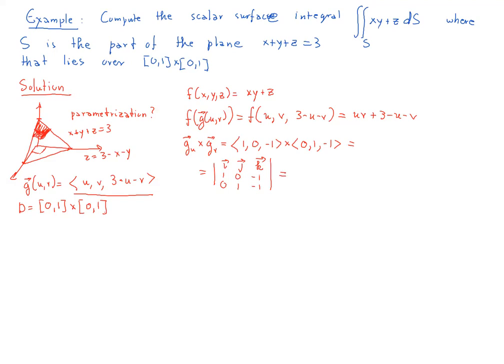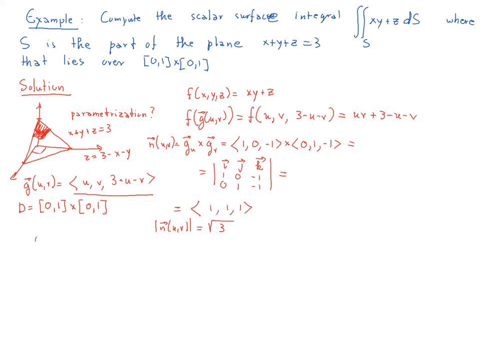And this will be (1, 1, 1). I should have said that this is n of uv, the normal vector. What we really need from here is the magnitude of n of uv, which in this case is constant, square root of 3. We shouldn't expect the things that we get here to be constant, but here we got really lucky.